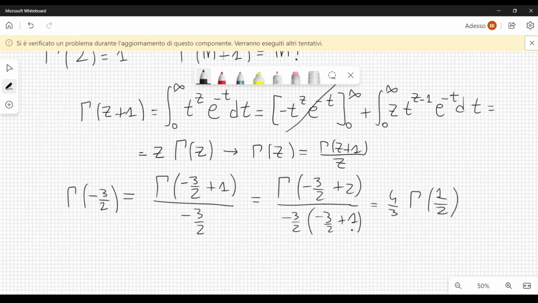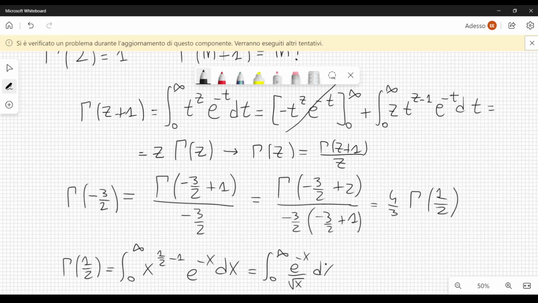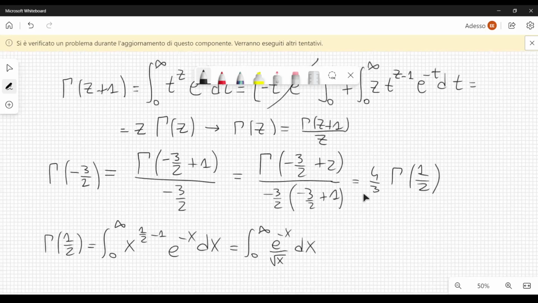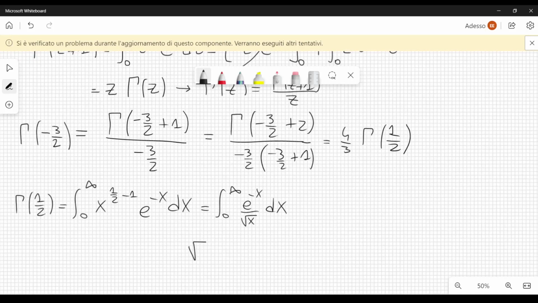Now it is simpler to calculate gamma of 1 over 2, because by definition it is the integral from 0 to infinity of x to the power 1 over 2 minus 1 times e to the minus x dx, which is equal to the integral from 0 to infinity of e to the minus x over the square root of x dx. Now you can change the variable, going from square root of x to t.